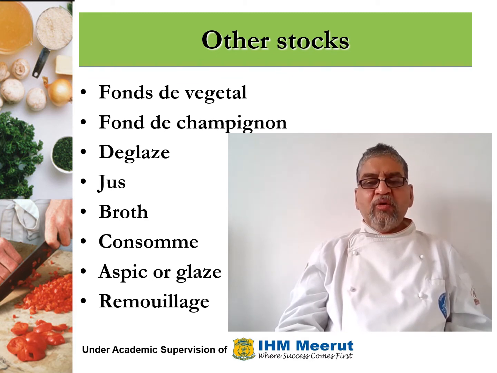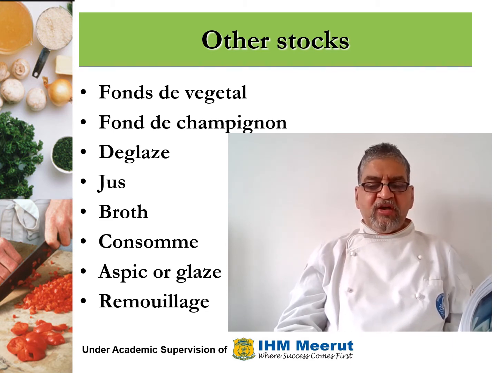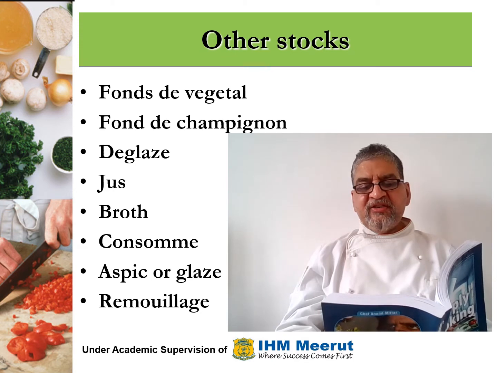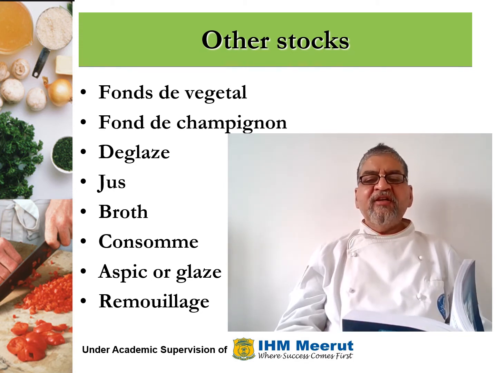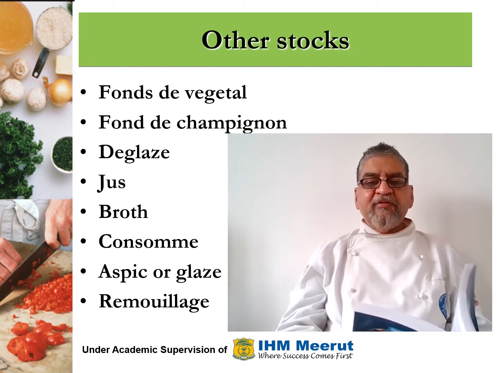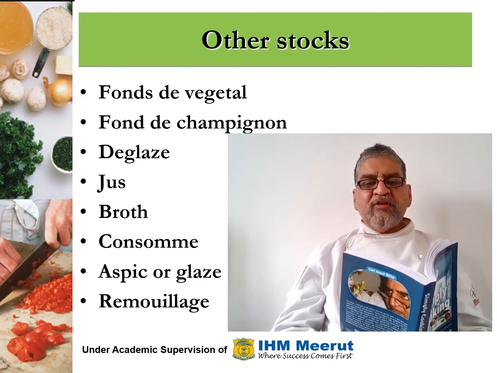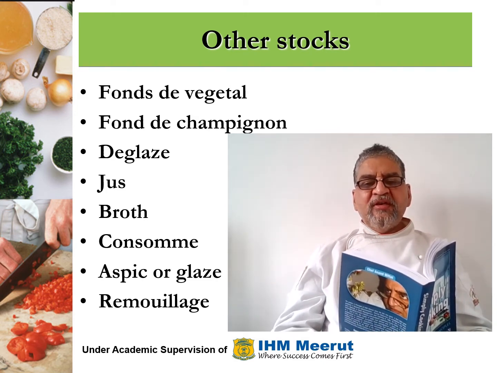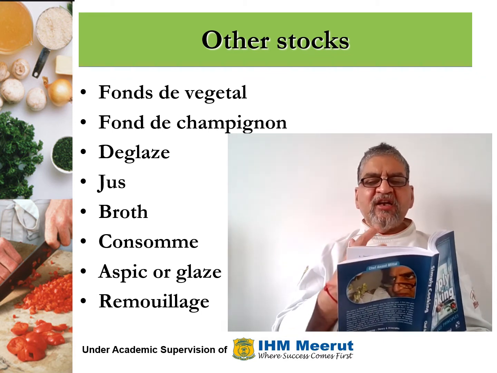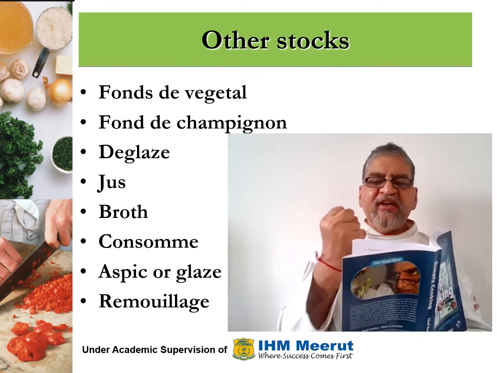Then broth or bouillon. A broth or bouillon is when any meat, poultry, game, or fish stock is simmered with other foods. The result is a highly flavored broth. The difference between broth and bouillon is that a broth generally contains a lot of things floating in it, a lot of vegetables.